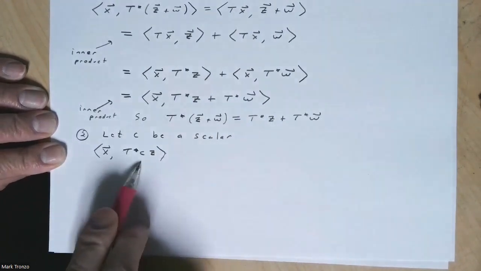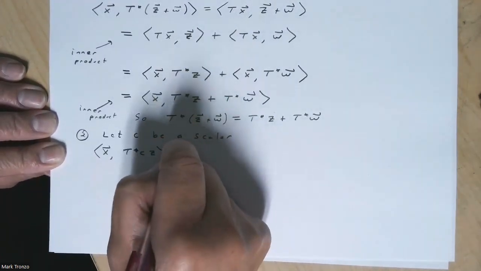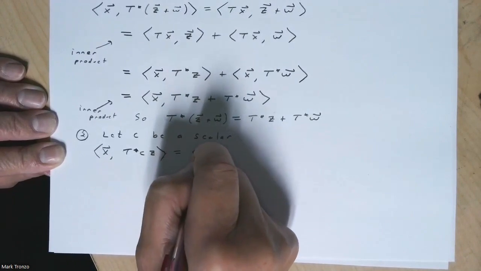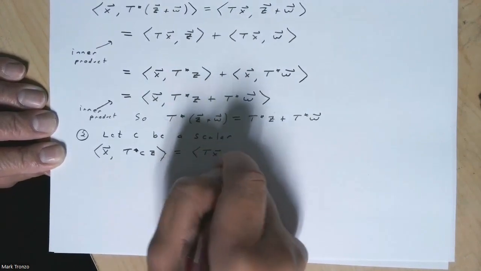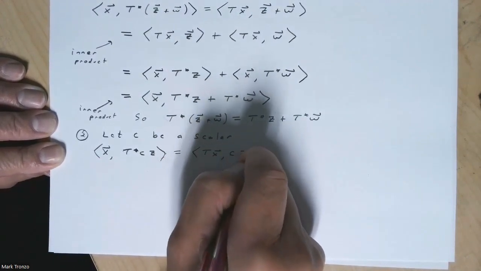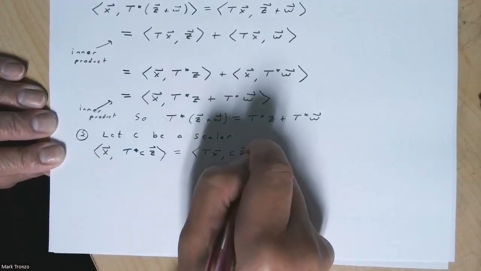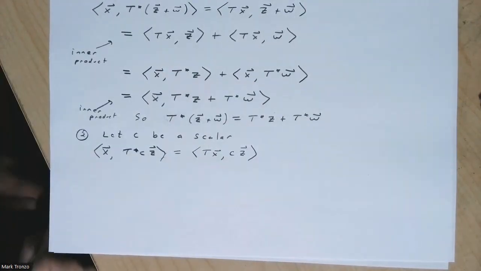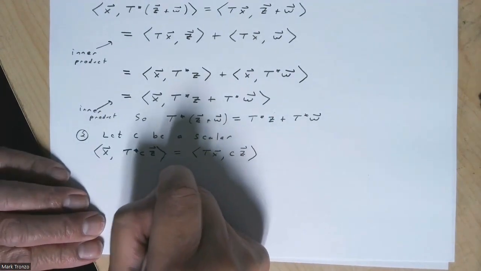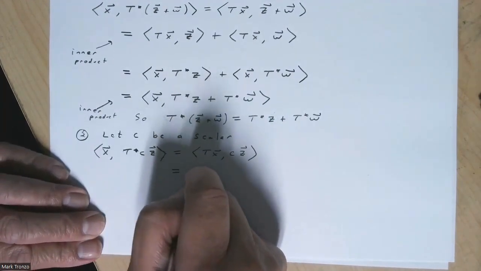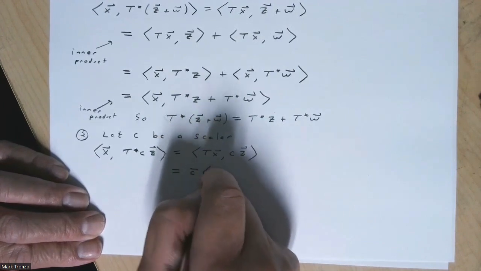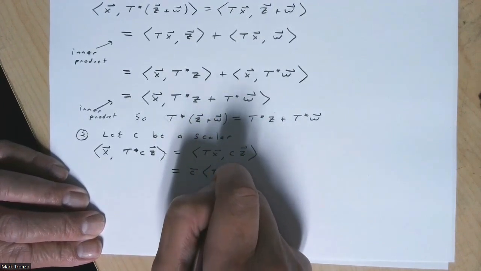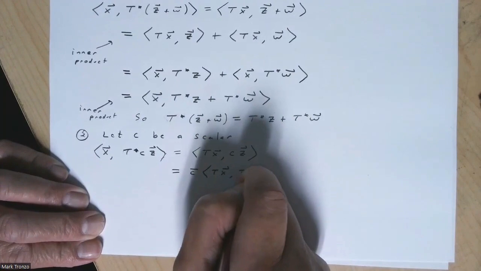We have this, and use the definition of the adjoint. We have this. And then from the definition of the inner product. Now, again, let's assume maybe we have a complex inner product. So let me do it in the most general case.